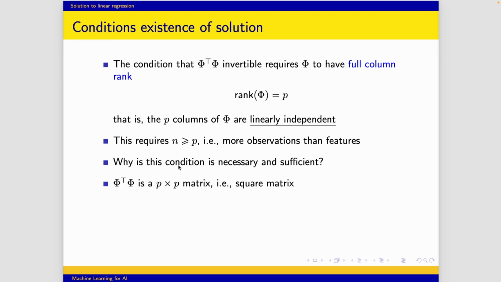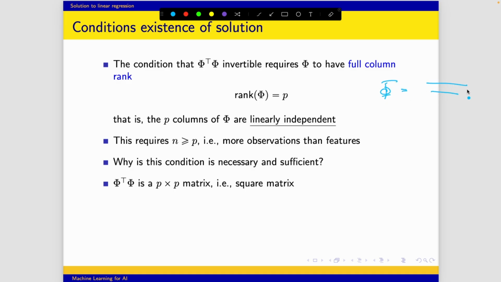So why do we need this condition? Well, first of all, this matrix is a square matrix. It's p by p. Why is that? Well, if we look at phi itself, it is the vector psi at x1, psi at x2, and so on, down to psi at xn.